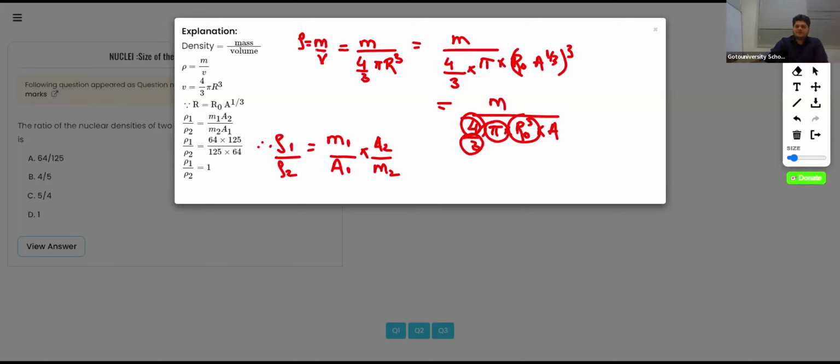Value of m1 is 64 and value of m2 is 125.